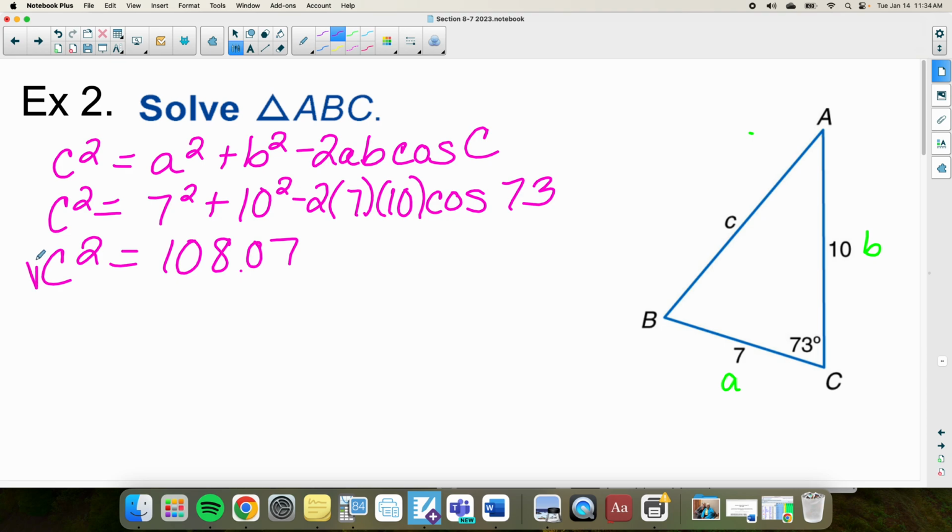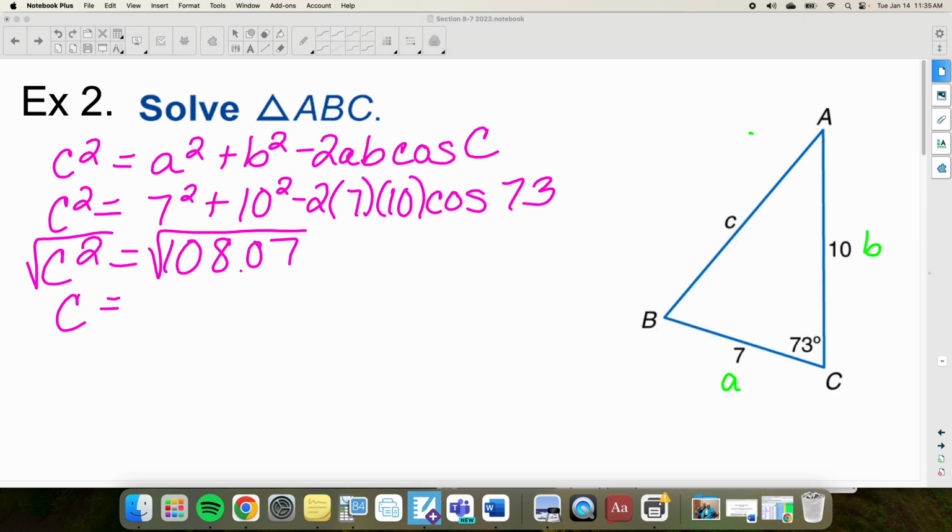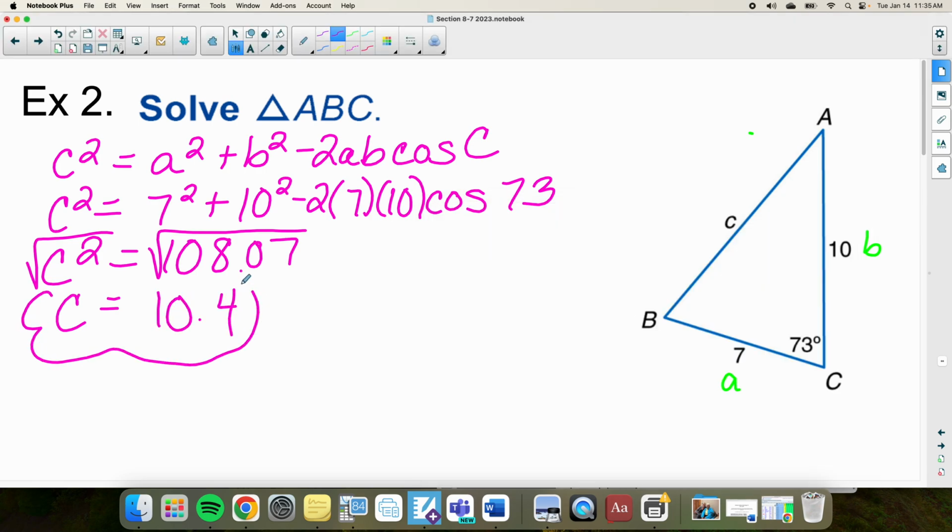We need to take the square root of that, and how we do that again is we can go second x squared and call that whole answer down by going second, that negative key. And now we have 10.395, which would round up to 10.4. And that is c.